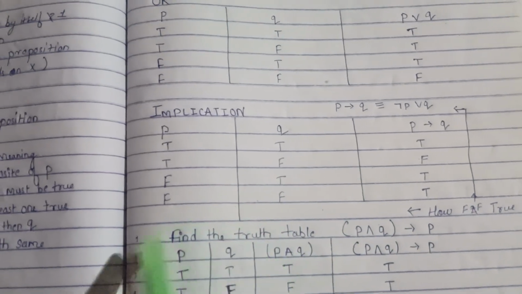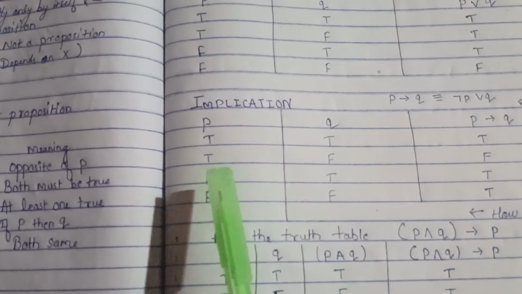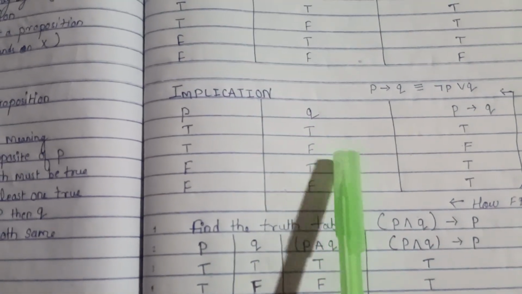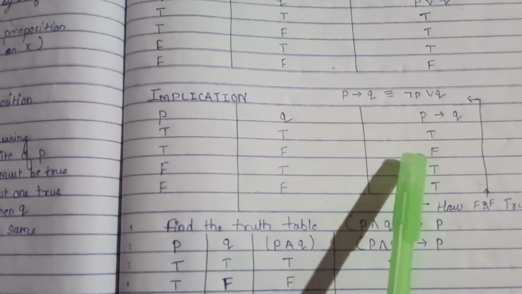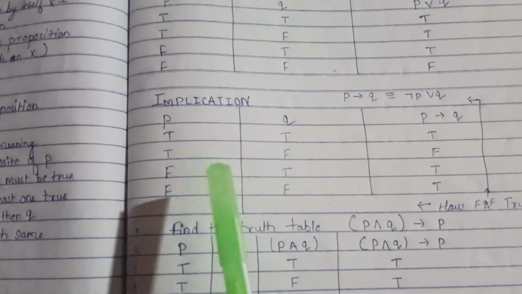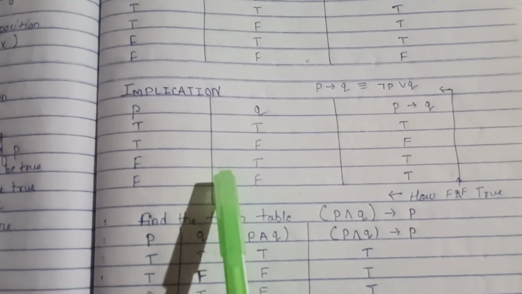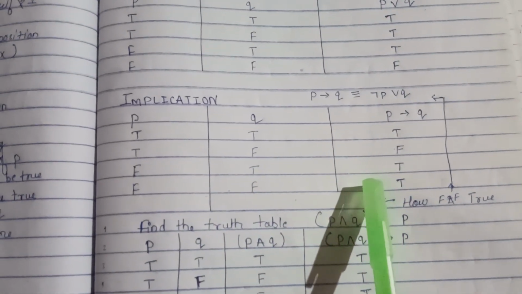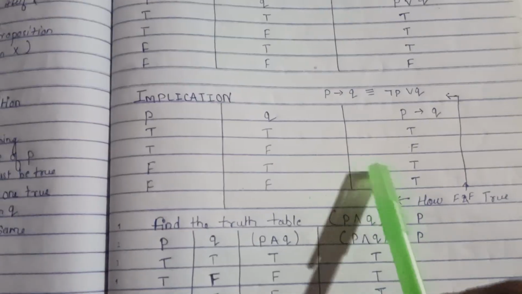Why? Because the condition is false, but our promise is true. So the promise is true, that's why it becomes true. But why does this false become true?